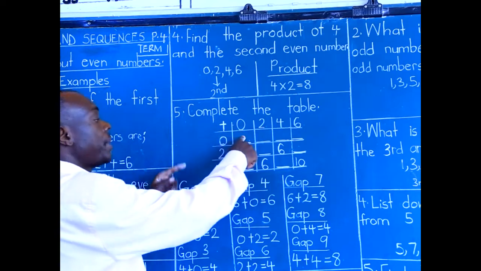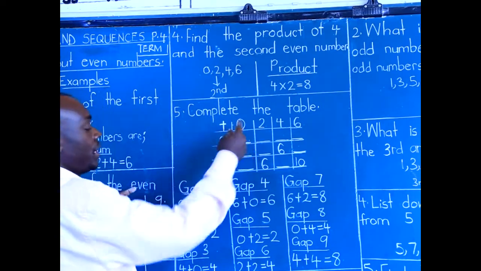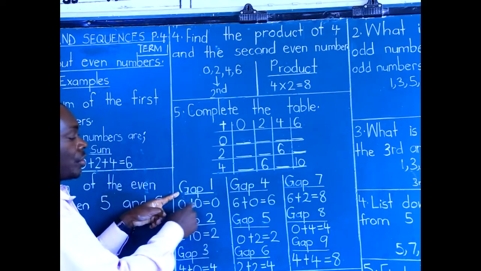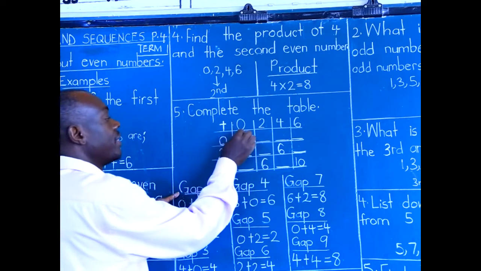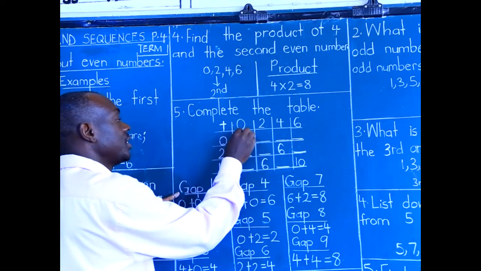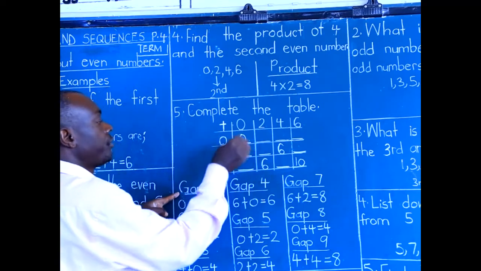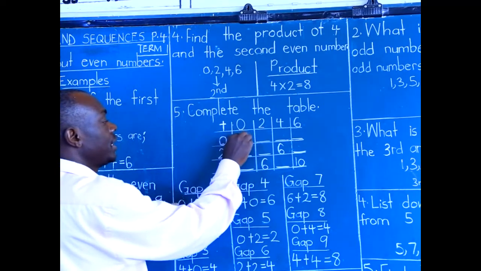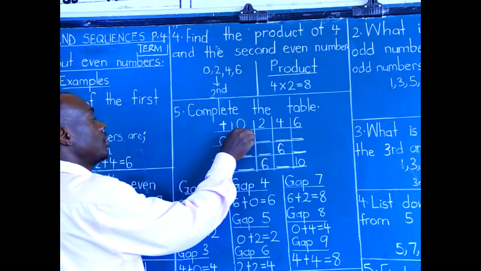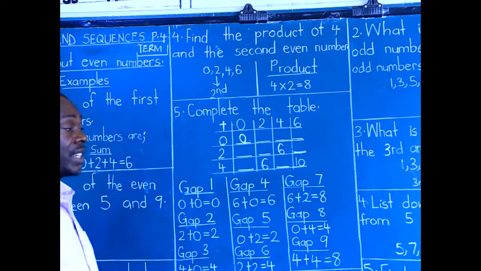So 0 plus 0, gap 1, is equal to 0, and then fill in that answer 0. Fill in that 0 properly, in the O style.